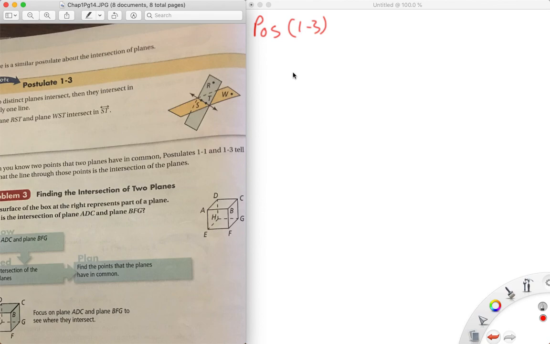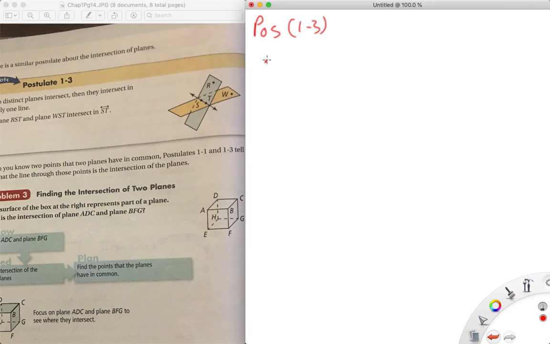When we have 2 planes that intersect, they form exactly 1 line. 2 planes intersect, they form 1 line. 2 planes intersect and they form 1 line.